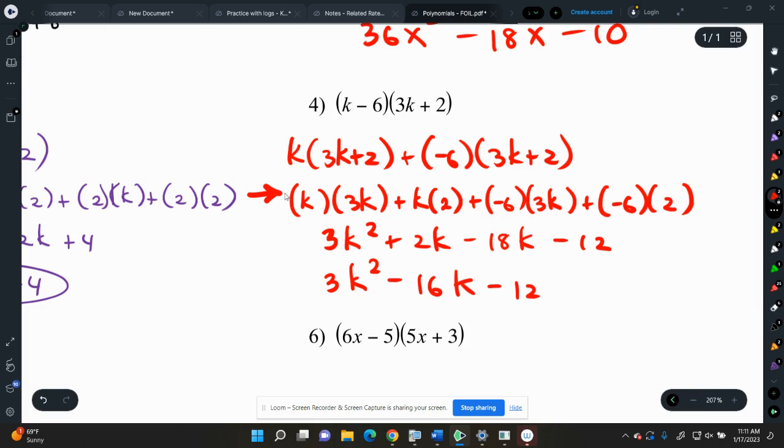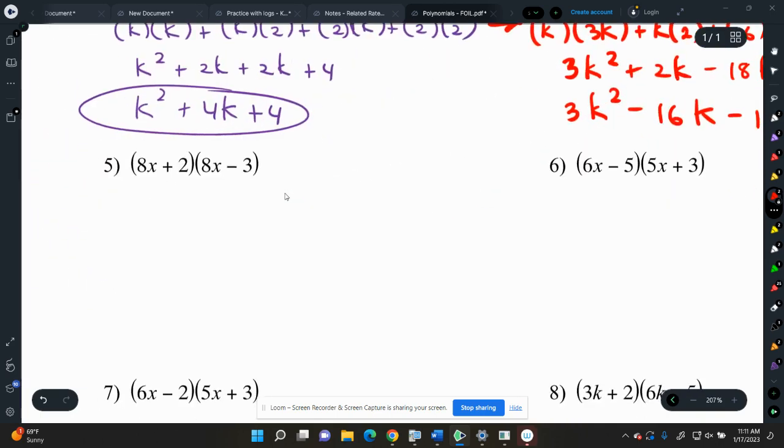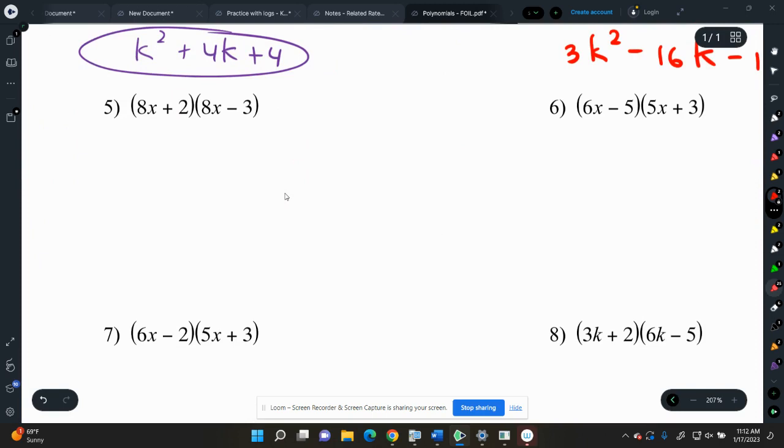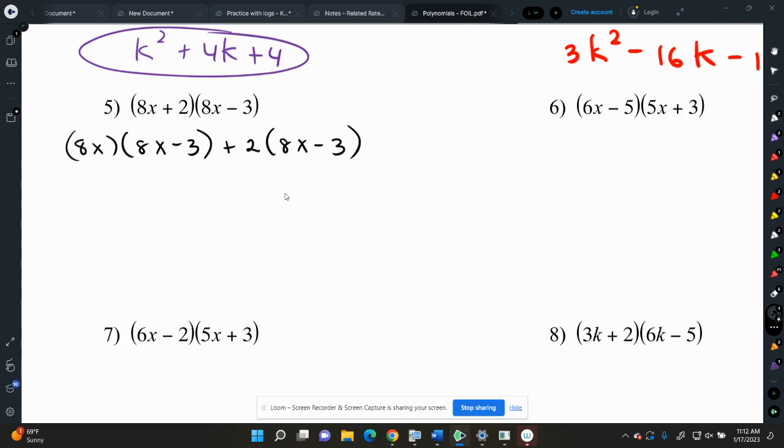Okay. Angel, how about number 5? I did it the other way too. I did 8x minus 3 in parentheses, and then 2 parentheses 8x minus 3. Right. And just so that you guys know, this is perfectly acceptable.